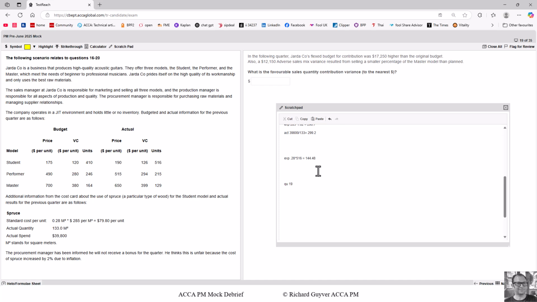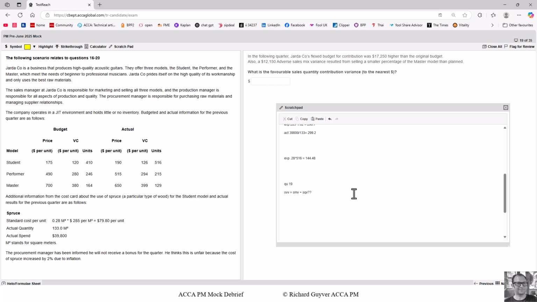The syllabus specifically mentions that we need to understand the relationship between mix and quantity variances and the sales volume variance. And we saw this in the family tree when we looked at that. The sales volume variance branches off into the sales mix and sales quantity variances. Sales quantity variance is the one we need to find.